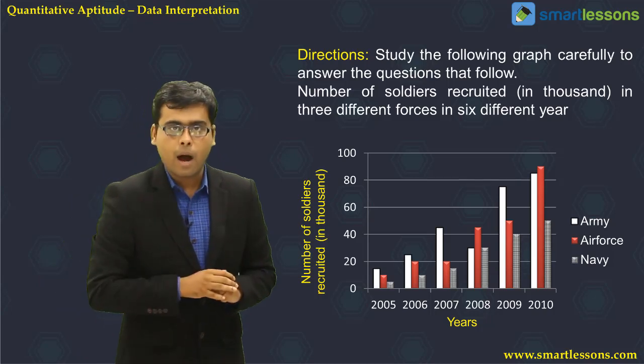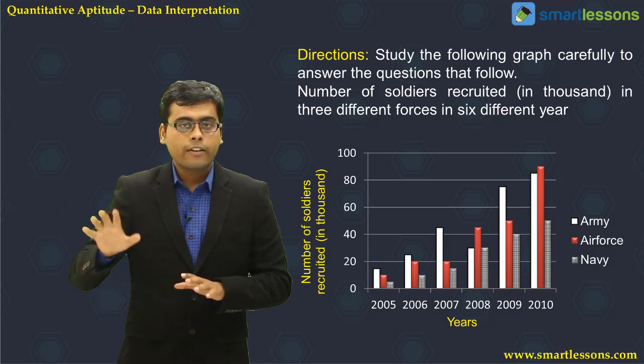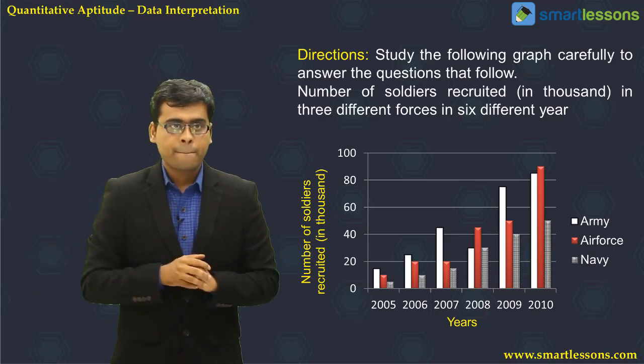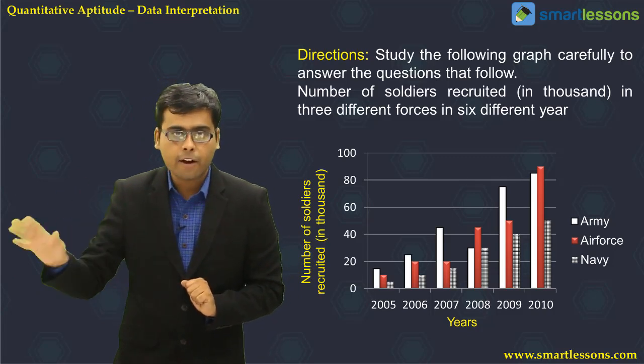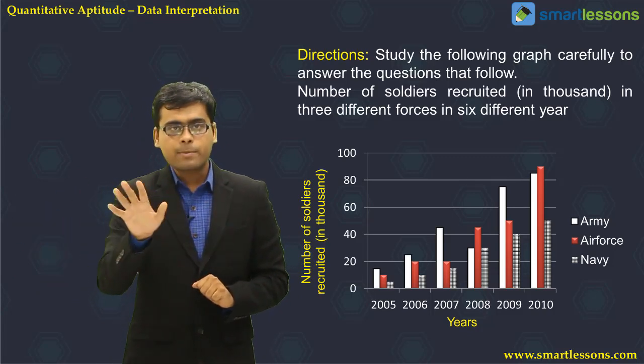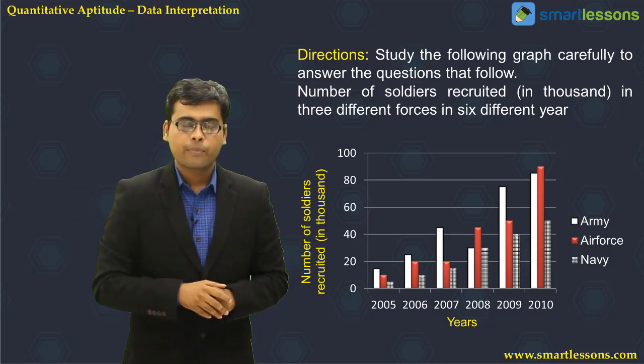The white colored bar represents the number of soldiers recruited in army. The red colored bar represents the recruitment in Air Force, and the striped bar represents the recruitment in Navy.